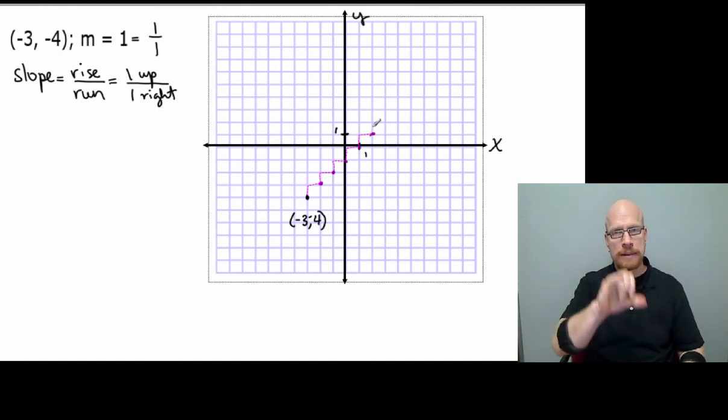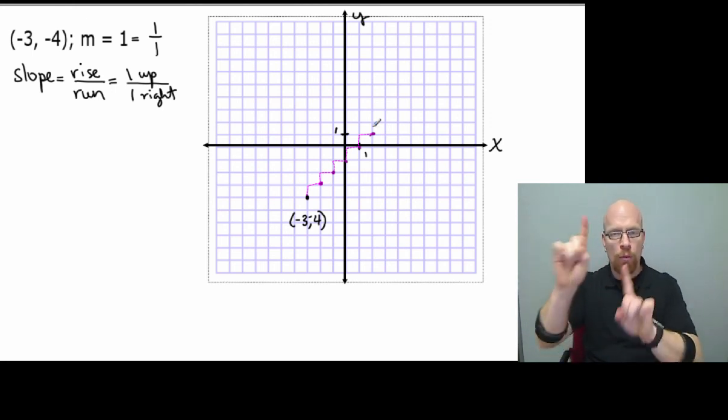Now you see it looks like stairs because the slope is the same.